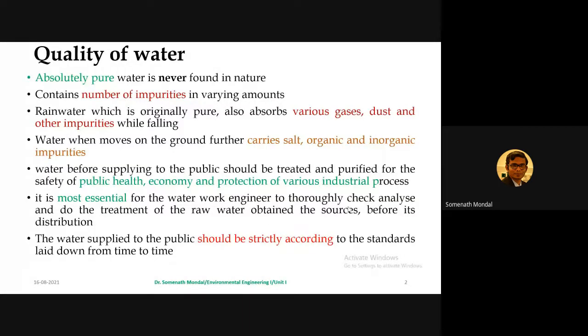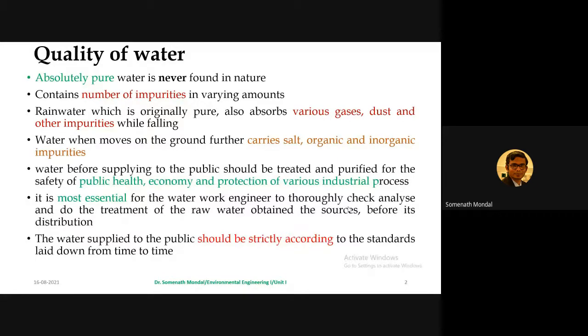Once we say quality of water, the first point is that we don't get absolutely pure water. If you see anywhere, absolutely pure water is never found in nature. Now, absolutely pure water is also a qualitative term, but here what we are trying to say is water which is consumable.